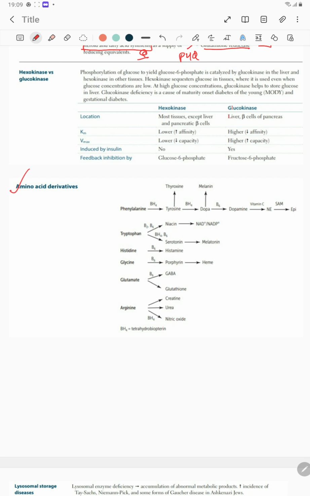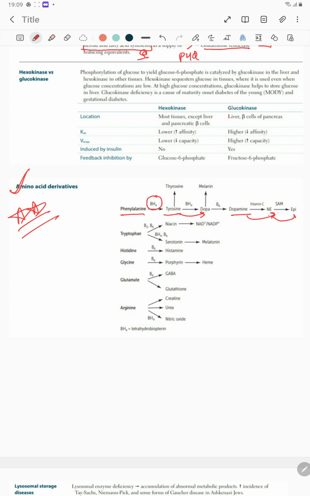Next important topic is amino acid derivatives. This question is asked many times, especially in the INICET questions and in match the following type of questions. Phenylalanine requires tetrahydrobiopterin. Tyrosine forms dopamine, then dopamine forms norepinephrine, then epinephrine.